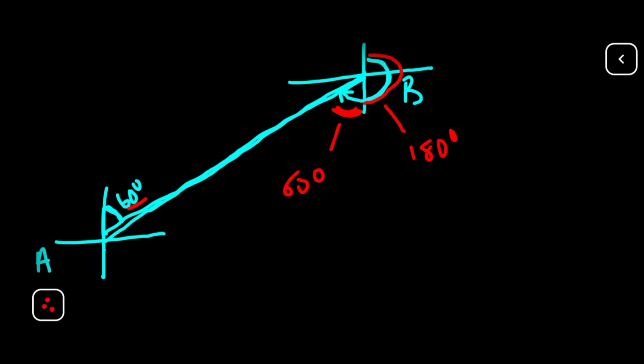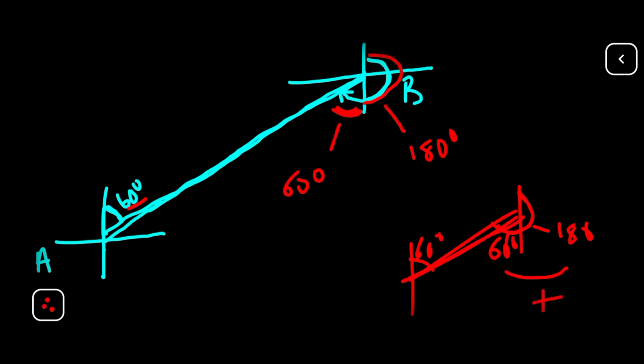You know alternate angles, right? These are alternate angles. So if this is 60 degrees, this will be 60 degrees. Now this will tell you the total angle from this point to this point. If here is 180 and here is 60 degrees, the total angle that will give you this line will be the addition of these two.